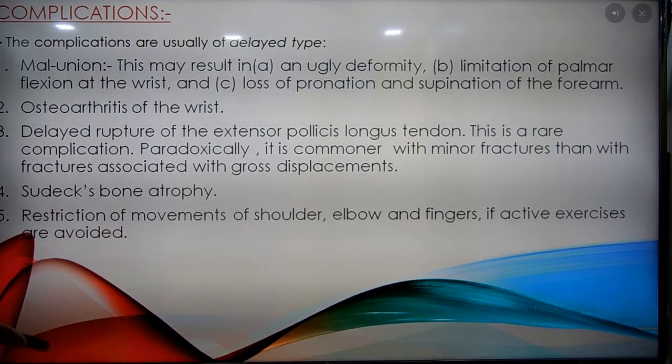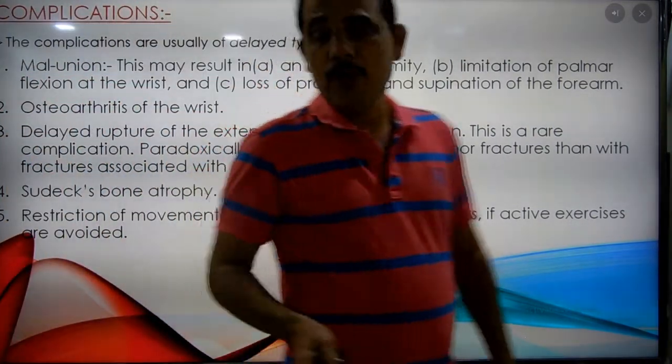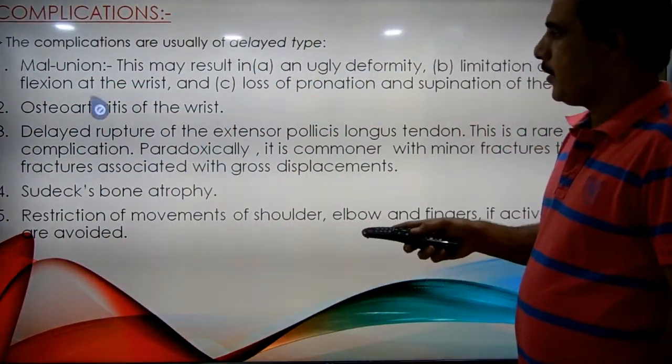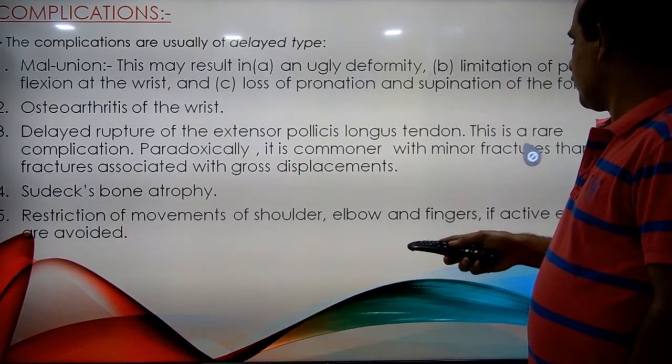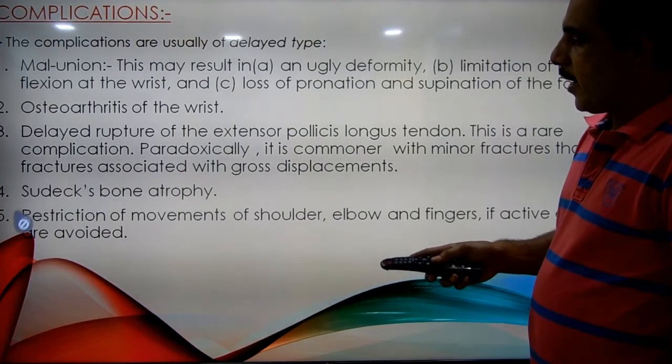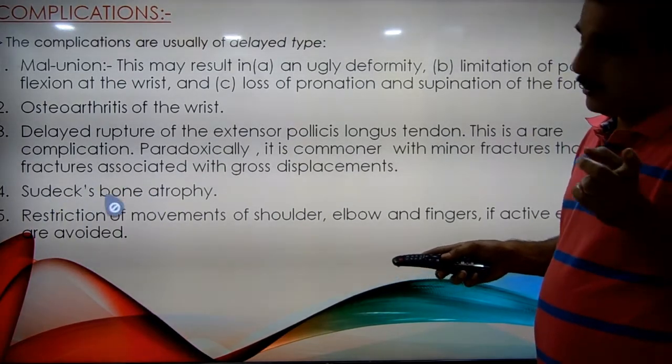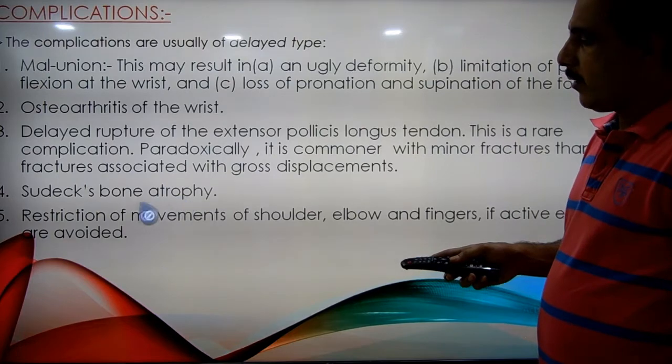Then osteoarthritis of the wrist is also common. Then delayed rupture of the extensor pollicis longus tendon also sometimes occurs. And Sudeck's atrophy of the bone is very common.